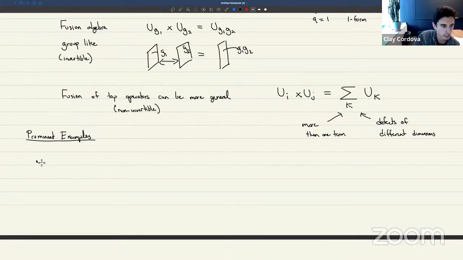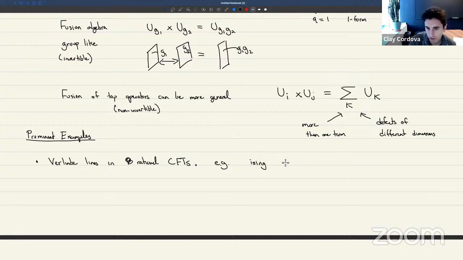So one prominent example are Verlinde lines. These are topological lines in rational CFTs. So, for example, one thing that we'll build on today is the so-called Ising fusion category.